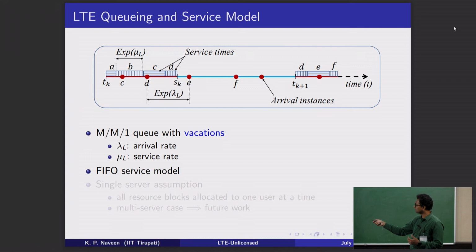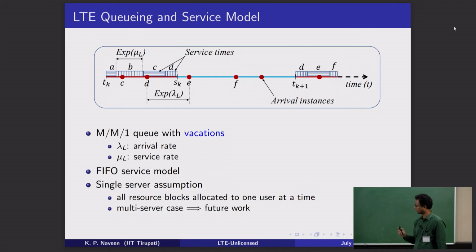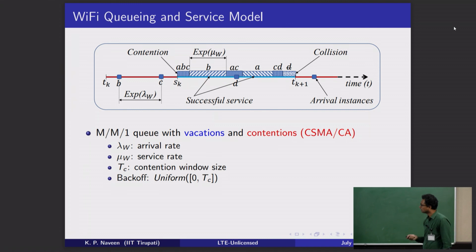So again it will complete the service of packet D, and then it will take a packet E which arrived during this off time, and so on. That's the model we are assuming. It's a simple queuing model. There are some assumptions of course, it's not very realistic, but nevertheless we will see what is the optimal air times that this model will yield.